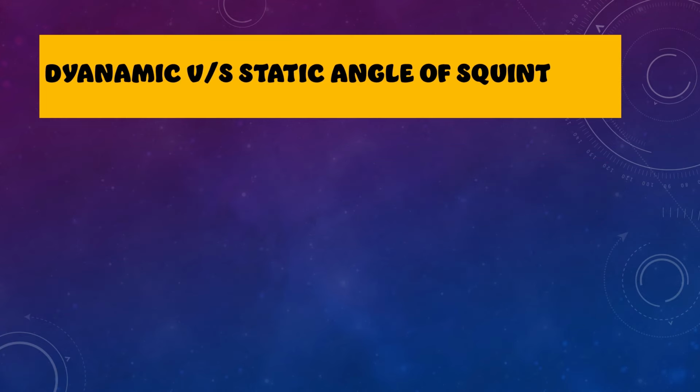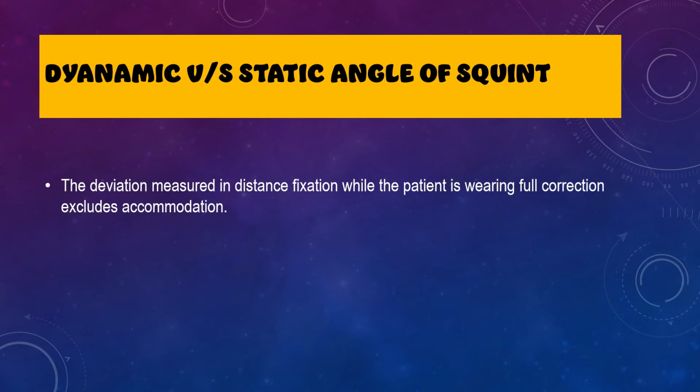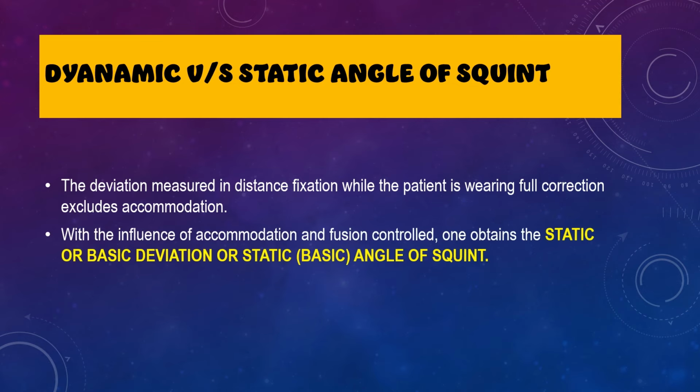The reason is that when you carry out the test at distance fixation with the patient wearing his full correction, the accommodation is totally relaxed. And whenever you measure the angle of squint when your accommodation is controlled and the fusion is controlled, how are we taking care of that here? By doing the alternate cover test properly, right? So when your angle of deviation is measured in such a way that there is no influence of accommodation or fusion, we are basically measuring the static or the basic deviation.